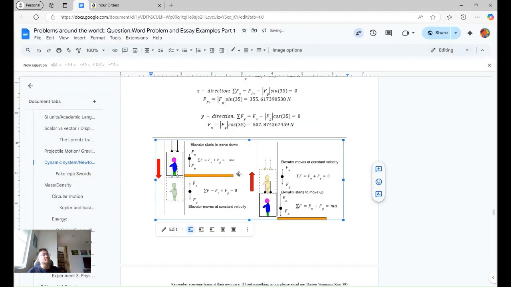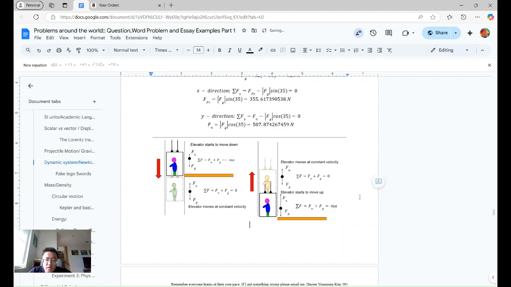Because you can definitely say that the acceleration is... Oh wait, I need to write, assuming a is greater than 0. The assumption is important. This assumption allows me to let it be negative, because there's always a human element to this.